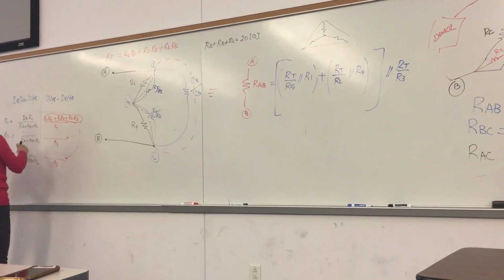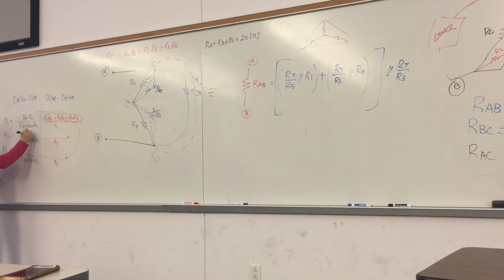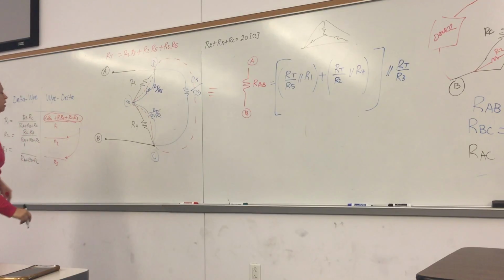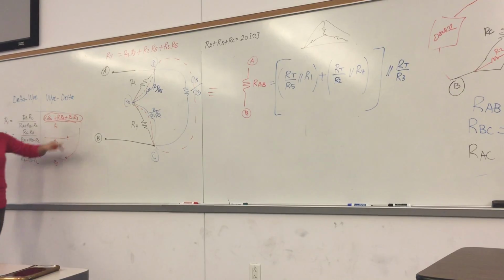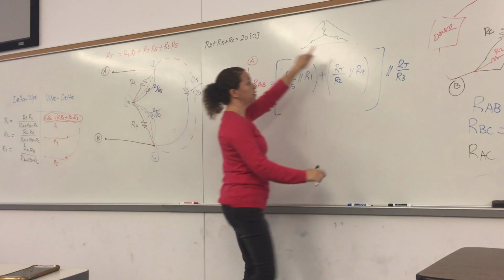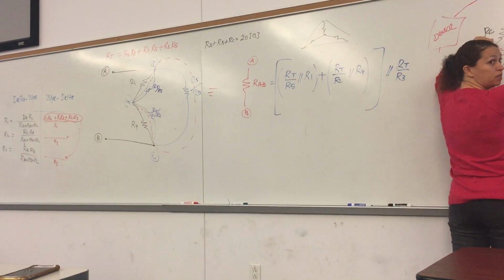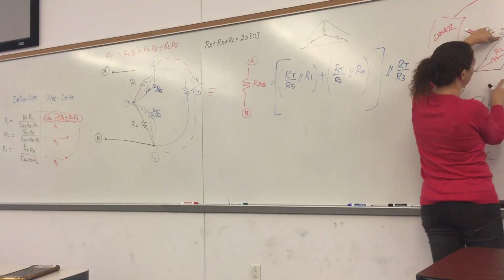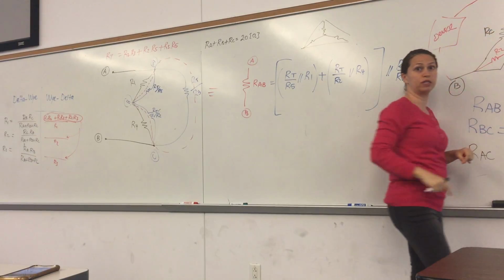R2 will be RC times RA divided by the total resistance. And R3 will be RA times RB divided by the total resistance. Okay? Exactly what we did here. This resistance multiplied by this resistance divided by the total resistance. Those two multiplied divided by the total resistance.